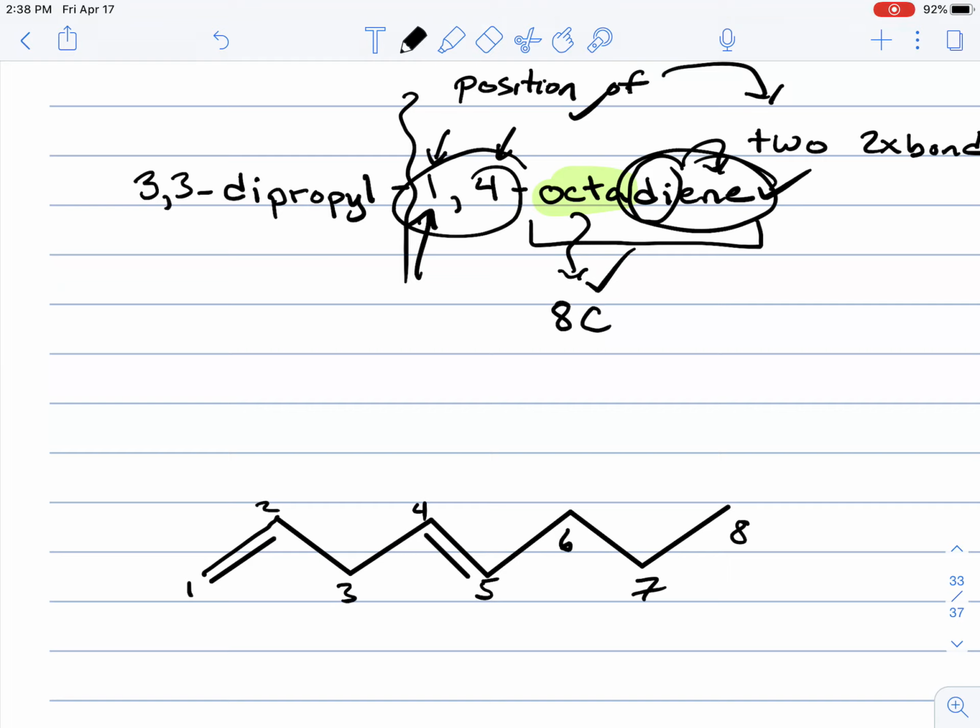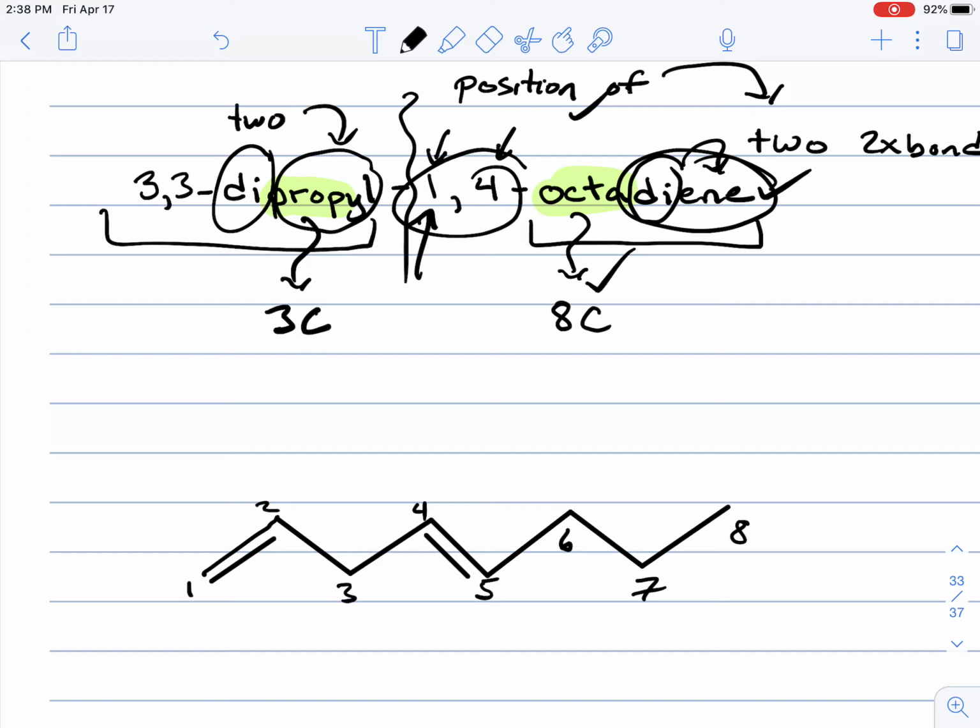And the last thing I need to do is add my propyl groups. And so notice that you see the word di. That means you have 2 propyl groups. And prop means 3. So you have 2 3-carbon chain substituents.